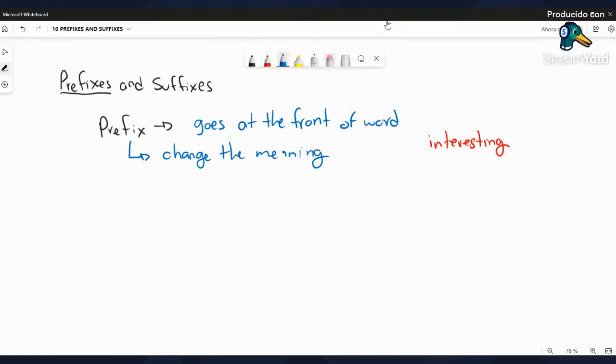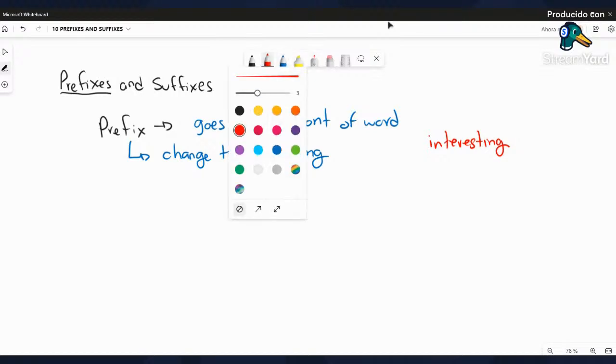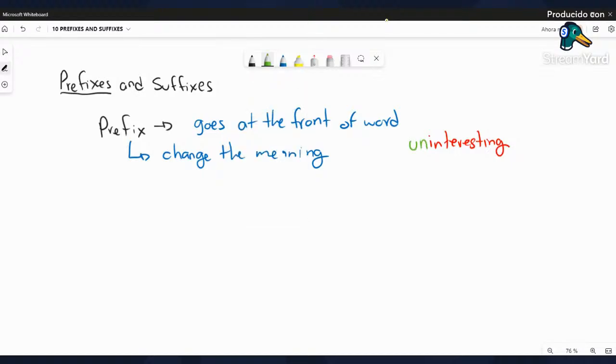But how can we add the prefix? Let me change the color here. I think I'm going to use green. It's uninteresting, for example, here. Uninteresting. In this case, as you can see, I'm writing the prefix before the word itself. The base form is interesting. You see? So now I'm changing the meaning.